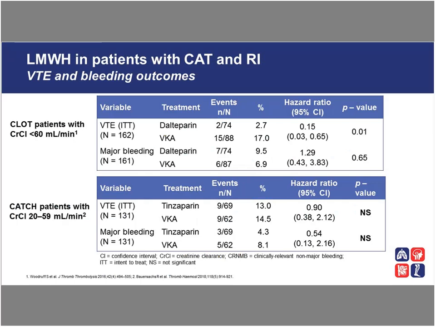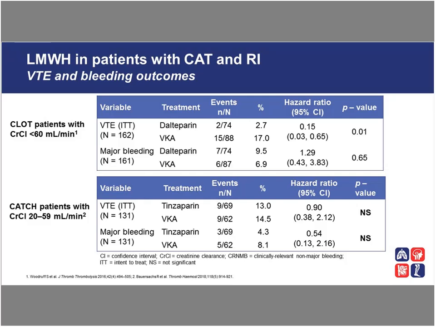The CLOT study looked at creatinine clearances less than 60 mL per minute, and you note there when they compared, at the top looking at VTE, and below that looking at major bleeding, dalteparin to vitamin K antagonist.